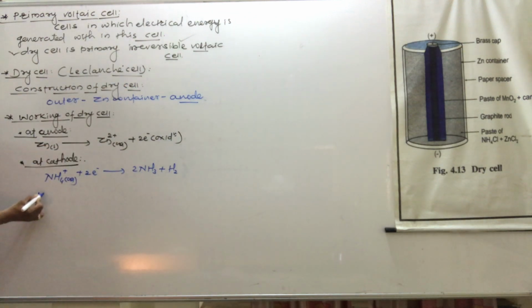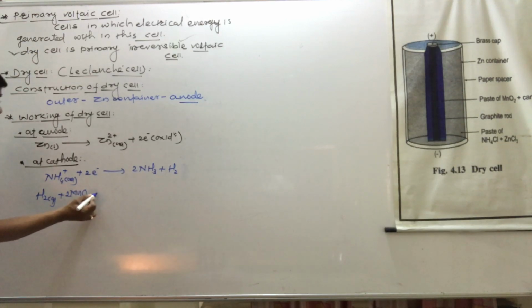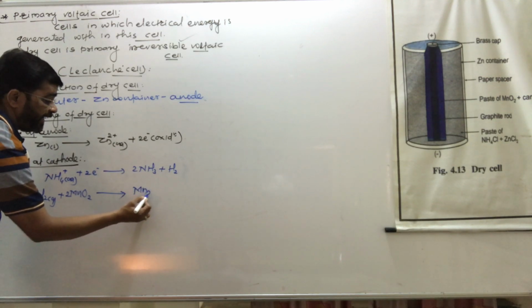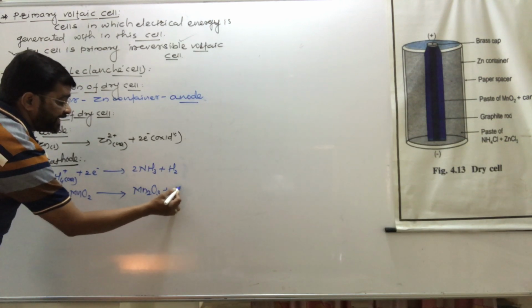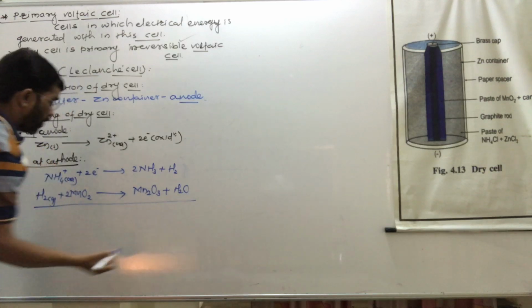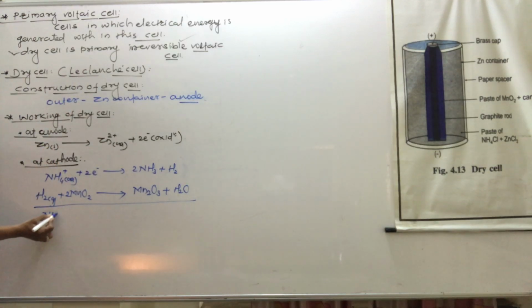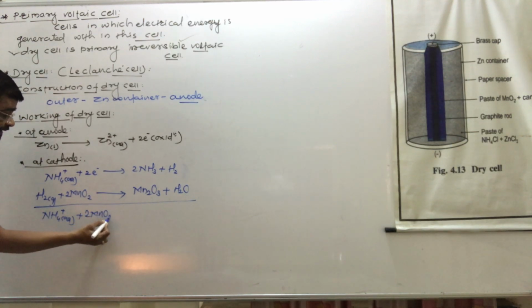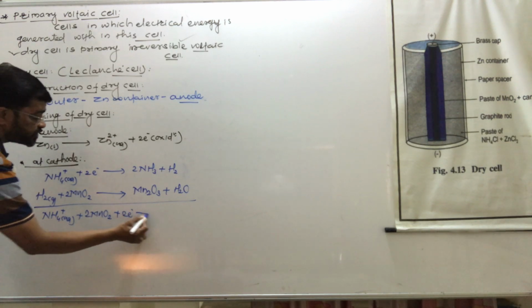Further, what happens? Hydrogen gas reacts with the paste of MnO2, and there is formation of Mn2O3 and H2O. The reaction at the cathode is actually this one: ammonium ions plus twice MnO2 accept 2 electrons.